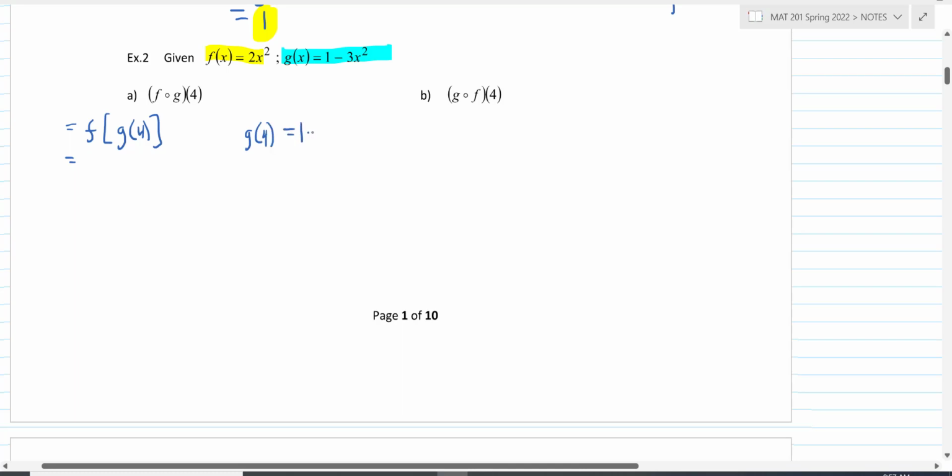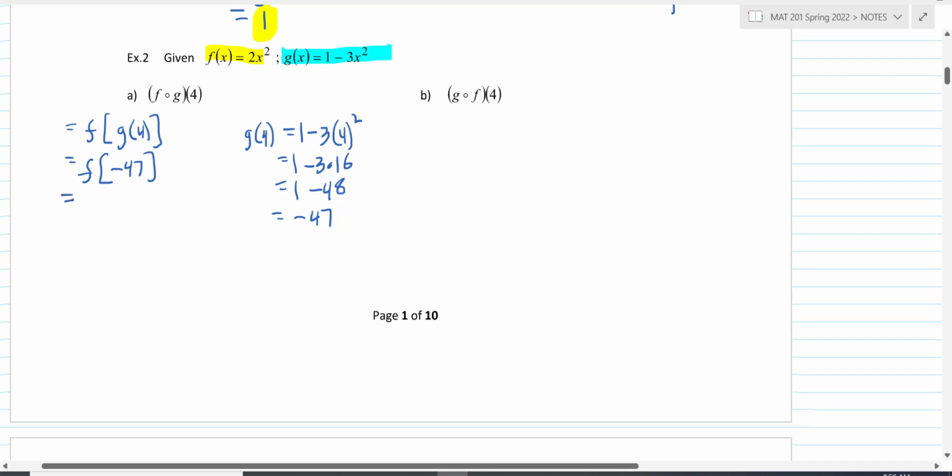If I do g of 4, I'm doing 1 minus 3 times 4 to the second. So that's 1 minus 3 times 16. That's 1 minus 48, so that is negative 47. Then when I go back to the main problem, I'm going to replace g of 4 with what it's equal to, which is negative 47.